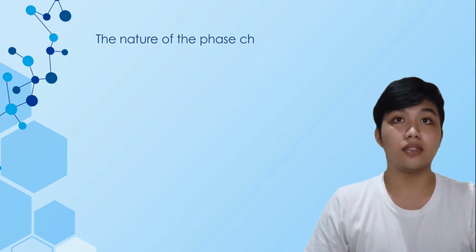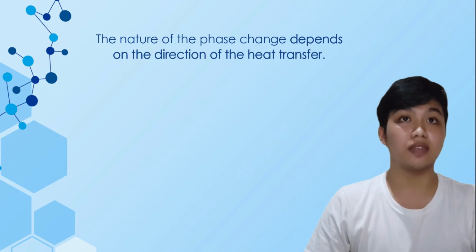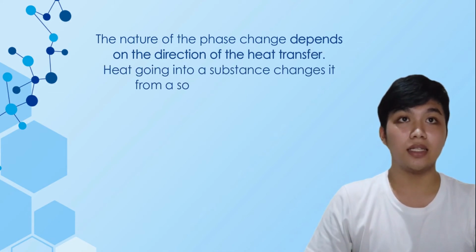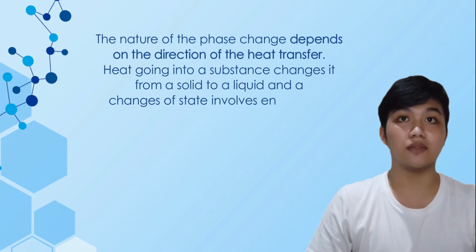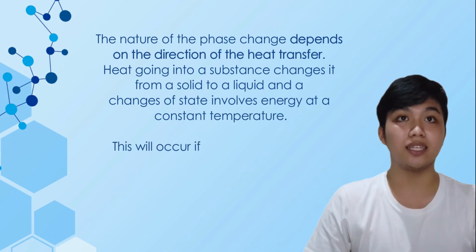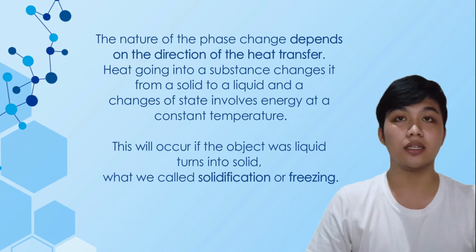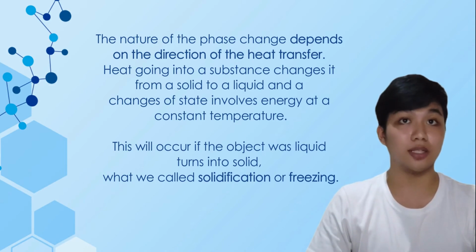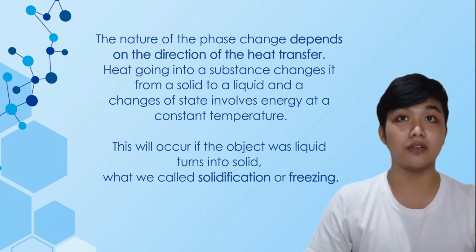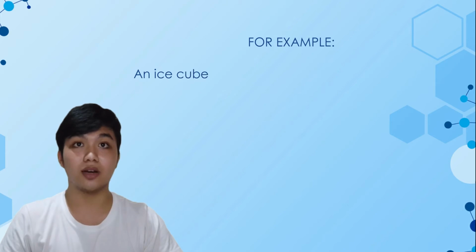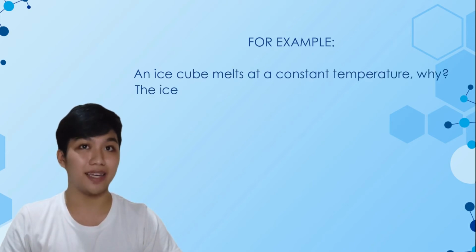The nature of the phase change depends on the direction of the heat transfer. Heat going into a substance changes it from solid to liquid, and the changes of state involve energy at a constant temperature. This will also occur if a liquid turns into a solid, what we call solidification or freezing. For example, an ice cube melts at a constant temperature. Why?